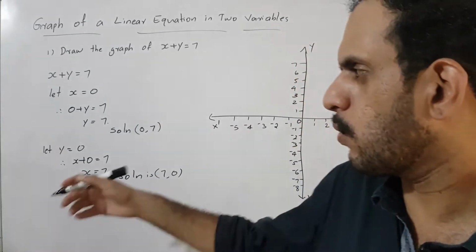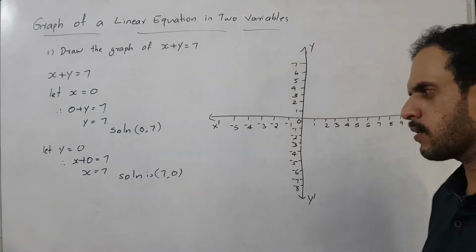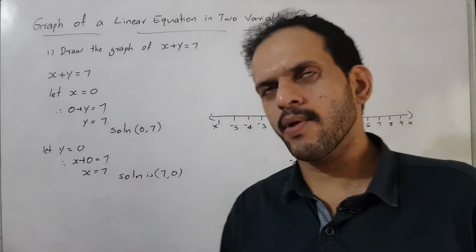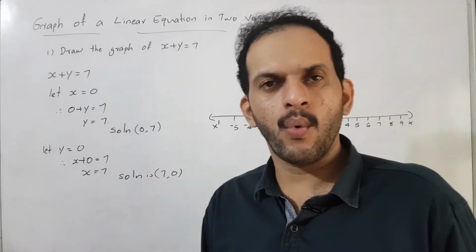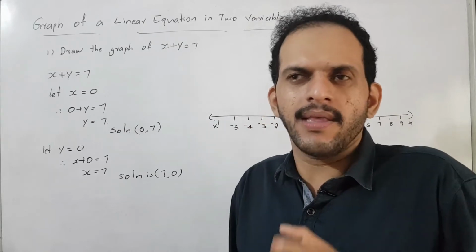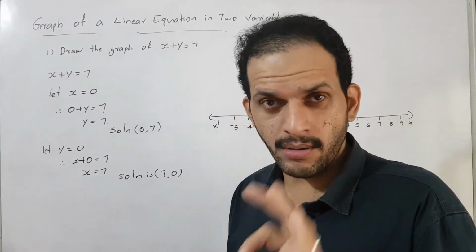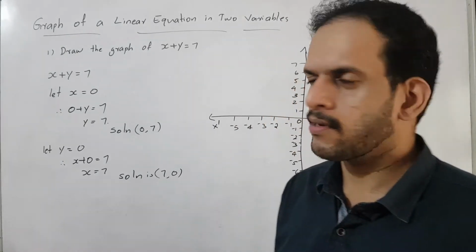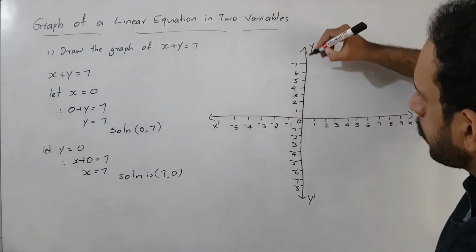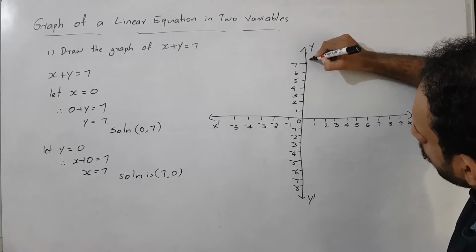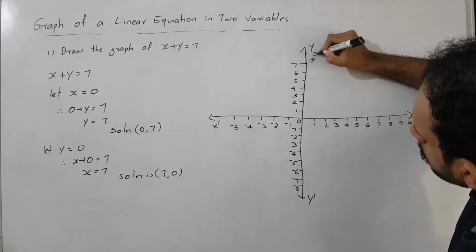Next we mark the solutions. Okay, what is our first solution? 0, 7. 0, 7 means the x coordinate is 0 and the y coordinate is 7. The x coordinate is 0, so it is very clear the point lies on the y axis. It is positive 7, so the point is here. We write the coordinate 0, 7 there.